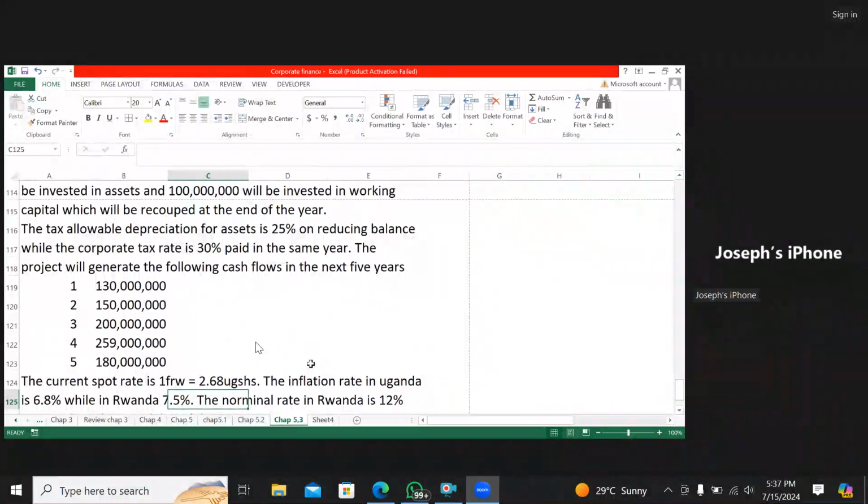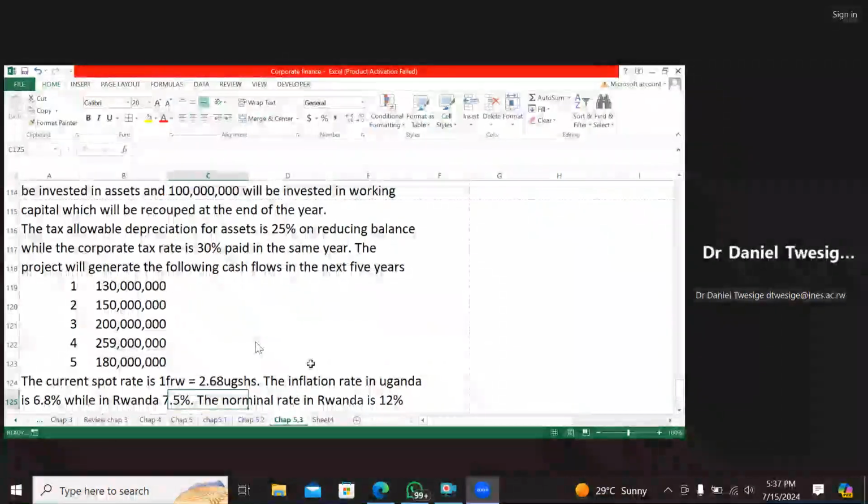Okay. But I can still use the international Fisher effect because I have all the variables. I can use method 2 with the international Fisher effect.